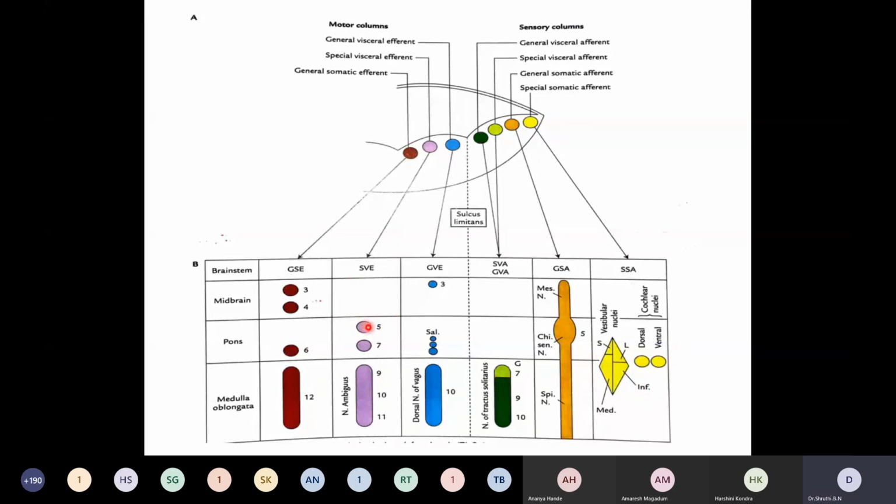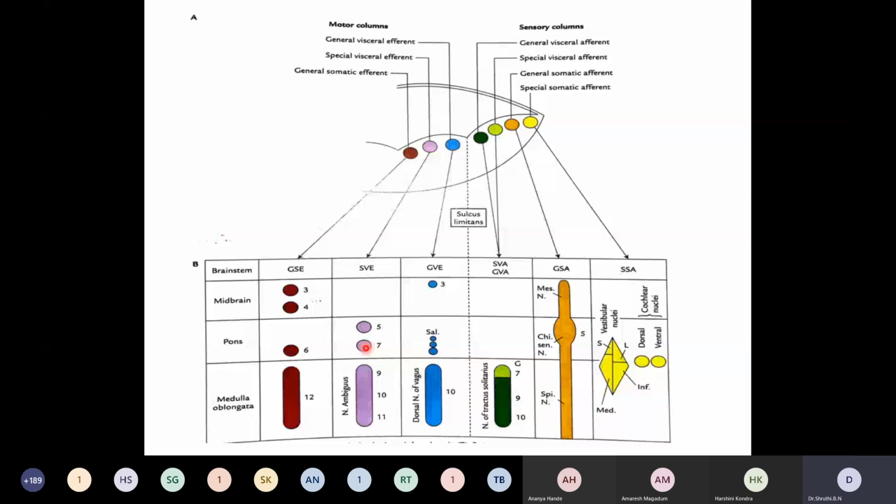All the nerve fibers emerging from the basal lamina are motor neurons only. Under this column you don't have any nuclei in the midbrain. You get it in the pons, that is the motor nucleus of the trigeminal nerve. Then at the lower part of the pons, you have the motor nucleus of the facial nerve.